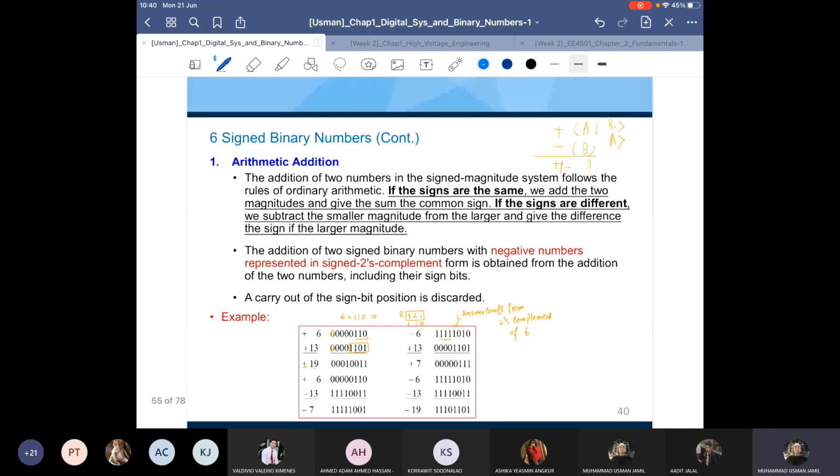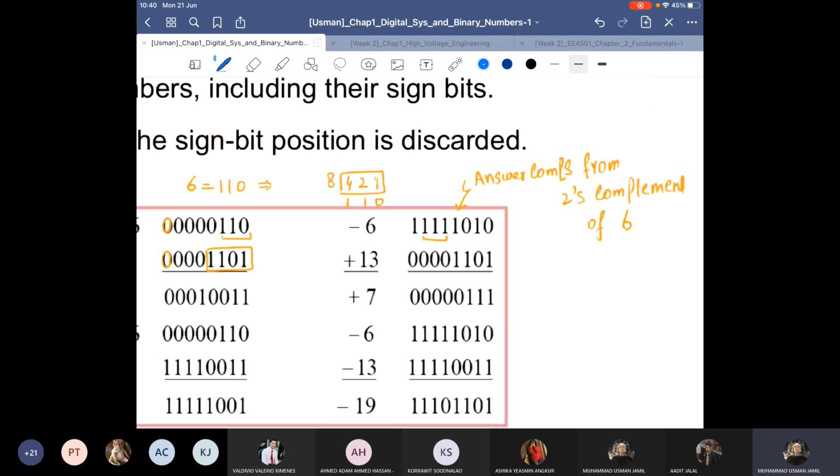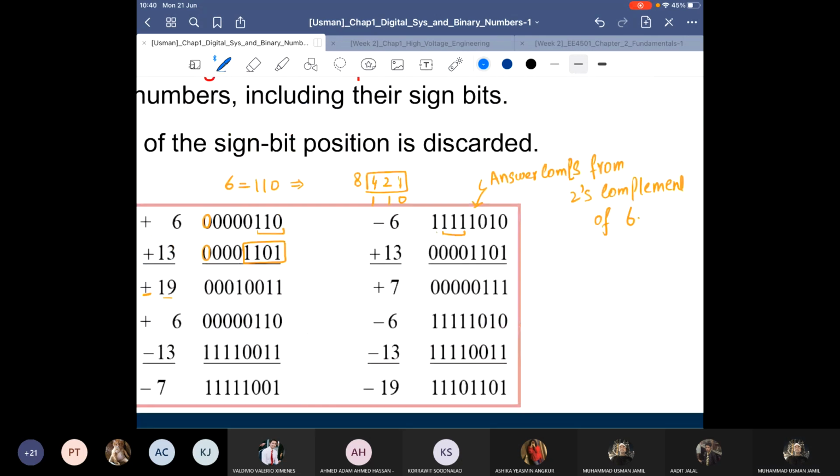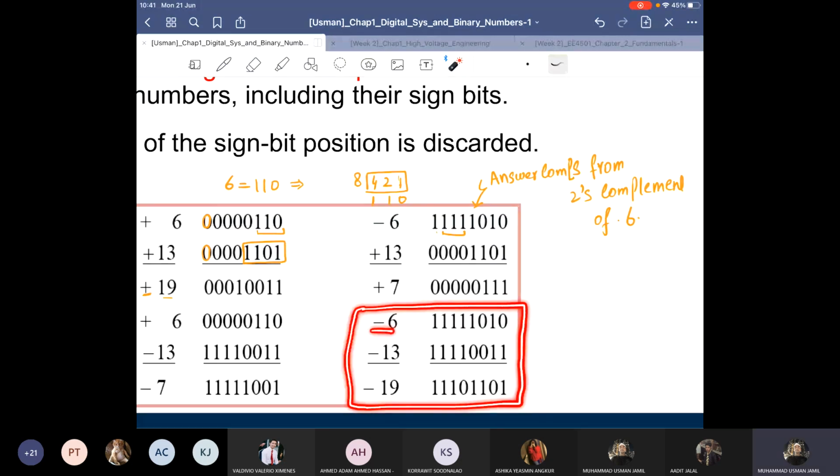And now you can do this example. Hope you guys can do this one. First you have to take the minus 6, which means write the number 6 in binary, then take the two's complement, then find the binary number of 13, then take the two's complement, then add them.